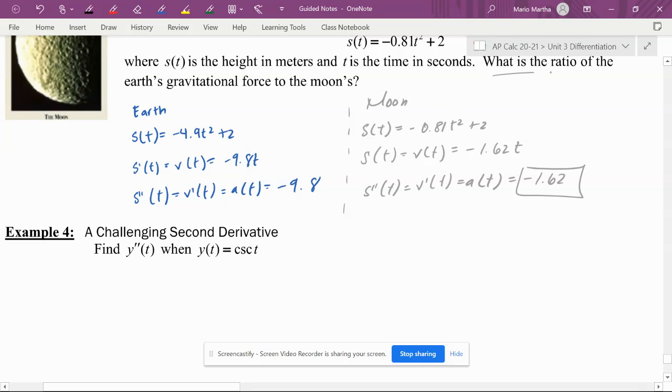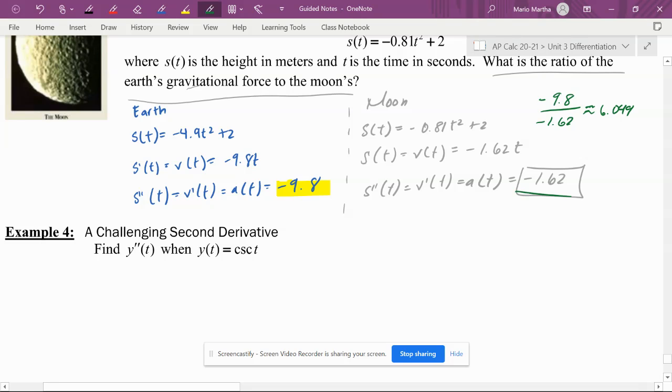So now what is the ratio of the Earth's gravitational force to the moon? So how fast is it accelerating when it hits the floor, right? So we know that's negative 9.8 here, and we know it's negative 1.62 there. So we would do negative 9.8 divided by negative 1.62, and this is approximately equal to 6.049.